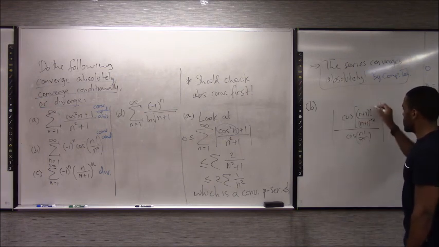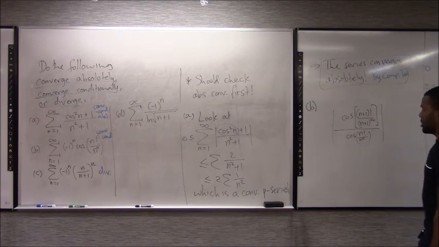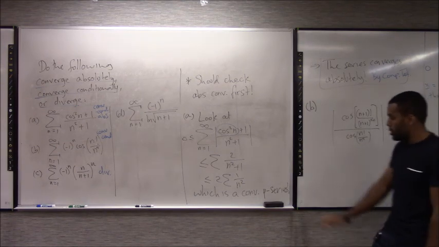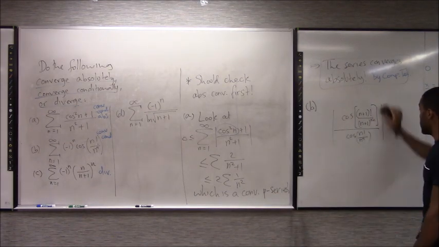It's cosine of this, cosine of that. Technically that doesn't exist because your cosine is just going to keep bouncing up and down. They'll never actually settle anywhere. There'll be no way to determine what that actually goes to. So I probably don't want to deal with that limit.